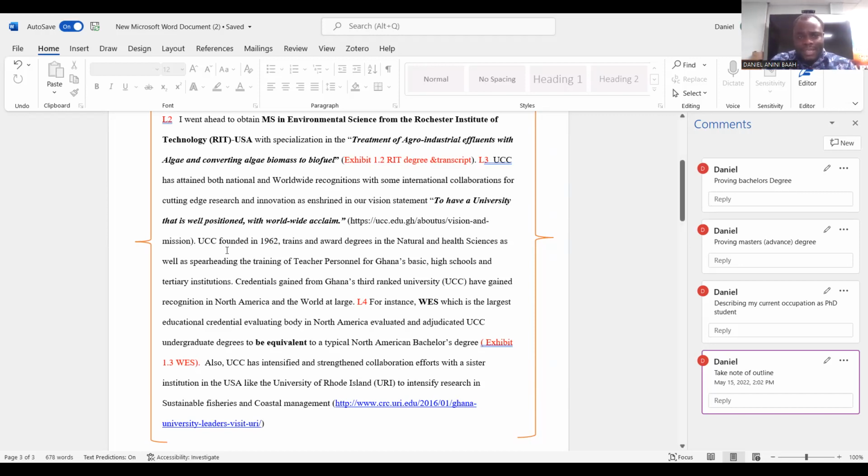And let's read further. He said that UCC was founded in 1962, trains and awards degrees in the natural and health sciences, as well as spearheading the training of teacher personnel for Ghana's basic, high school, and tertiary institutions. Credentials gained from Ghana's third-ranked university have gained recognition in North America and the world at large.